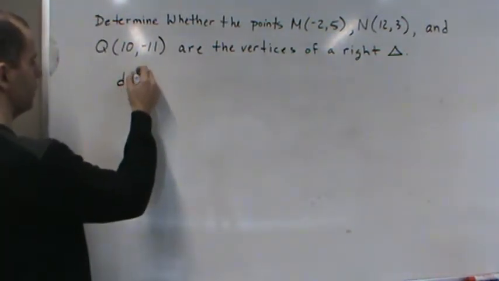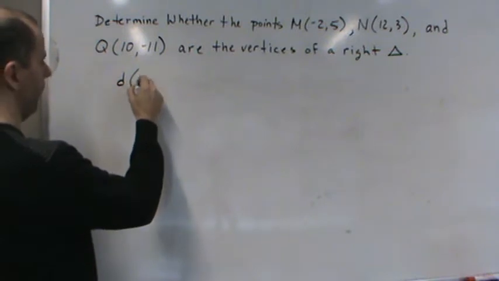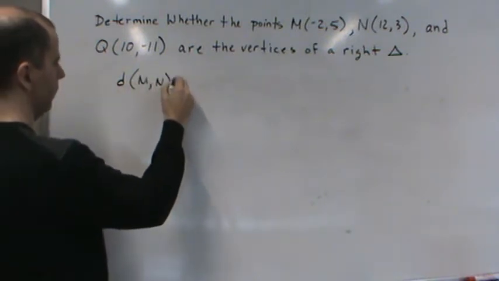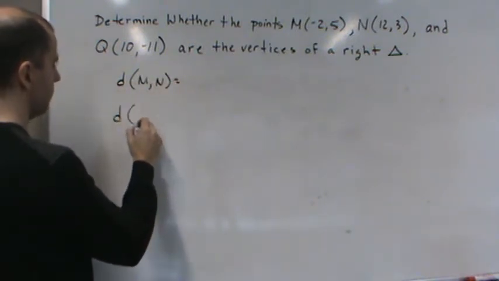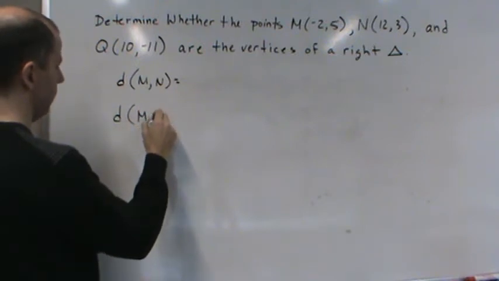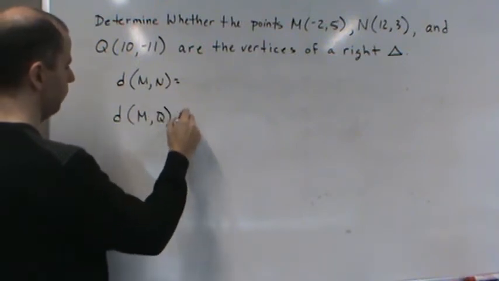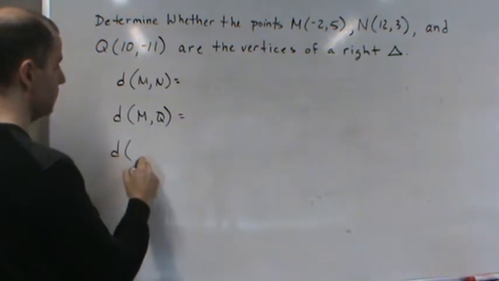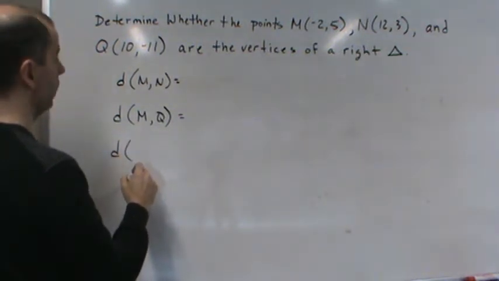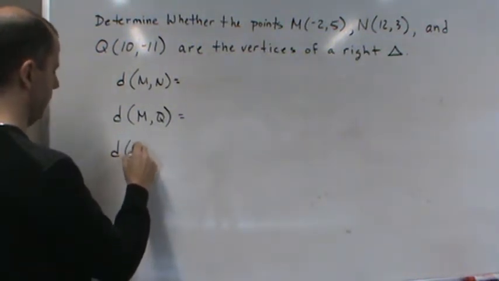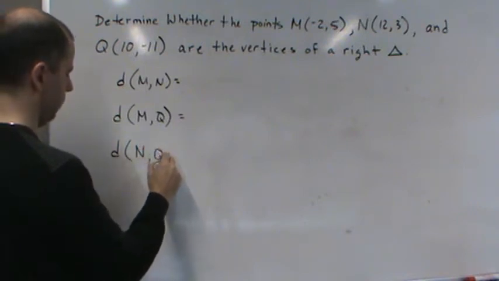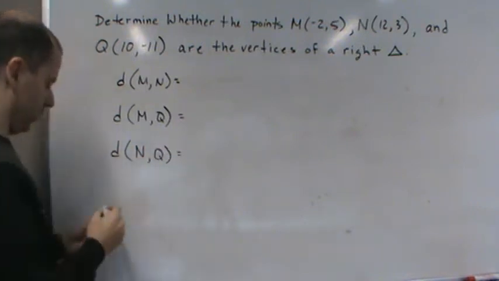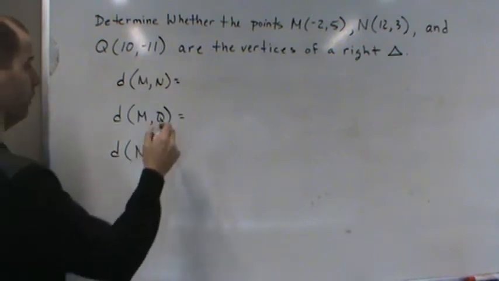Distance M comma N, then the distance M comma Q, and the third one will be NQ. We're going to use the distance formula for each one of these.